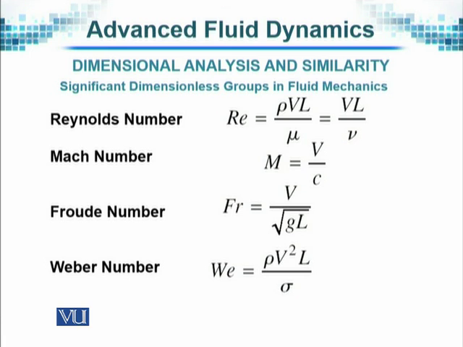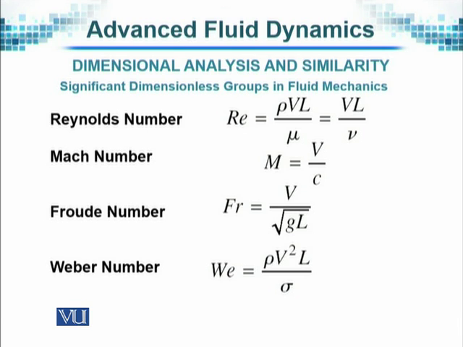These dimensionless parameters, as we have stated a number of times, are named after the scientist who first discovered them. The Reynolds number is the most commonly used dimensionless quantity.